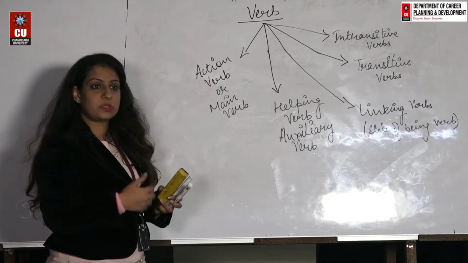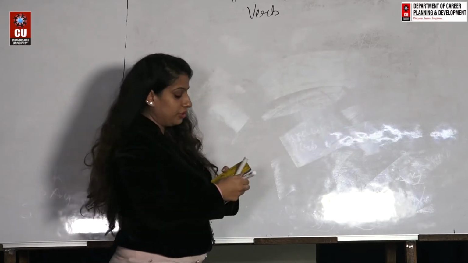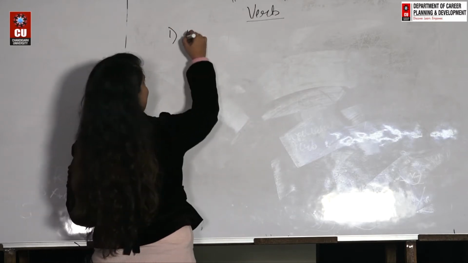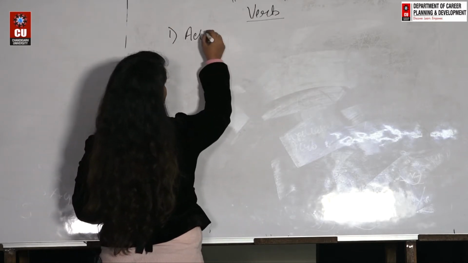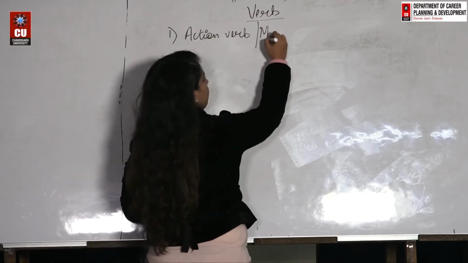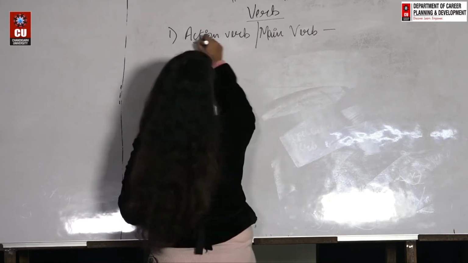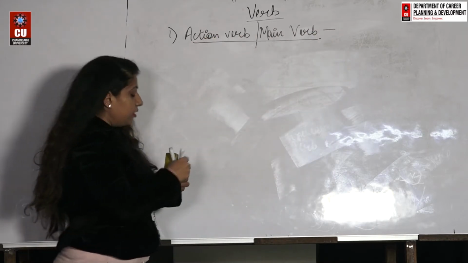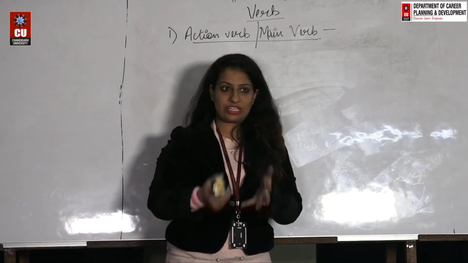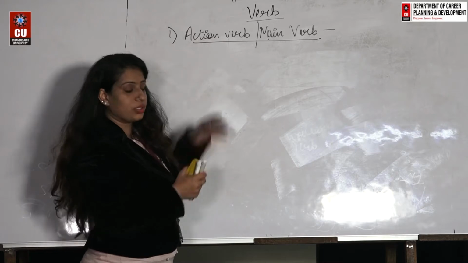And now we will be explaining one by one what its types are. So we'll start with the first type, which is action verb, or main verb. So students, in an action verb or main verb, whenever a word shows some action which is related to the subject, that is known as an action verb.